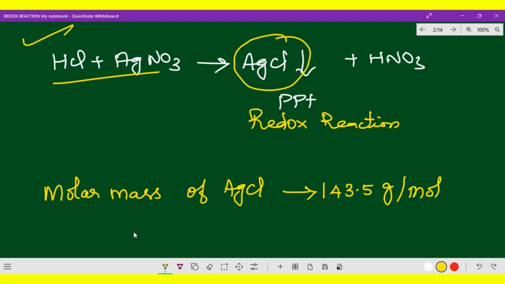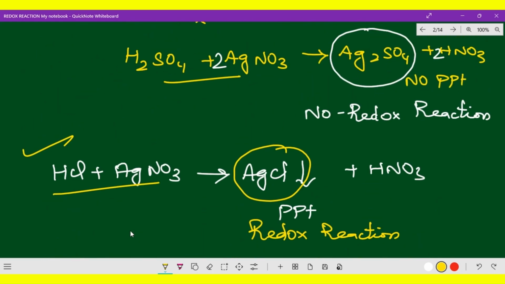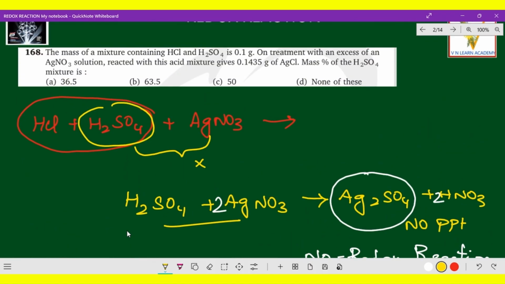Whereas in the question, the precipitate obtained when AgNO3 reacts with this acid mixture is 0.1435 gram of AgCl. It has been very clearly mentioned.